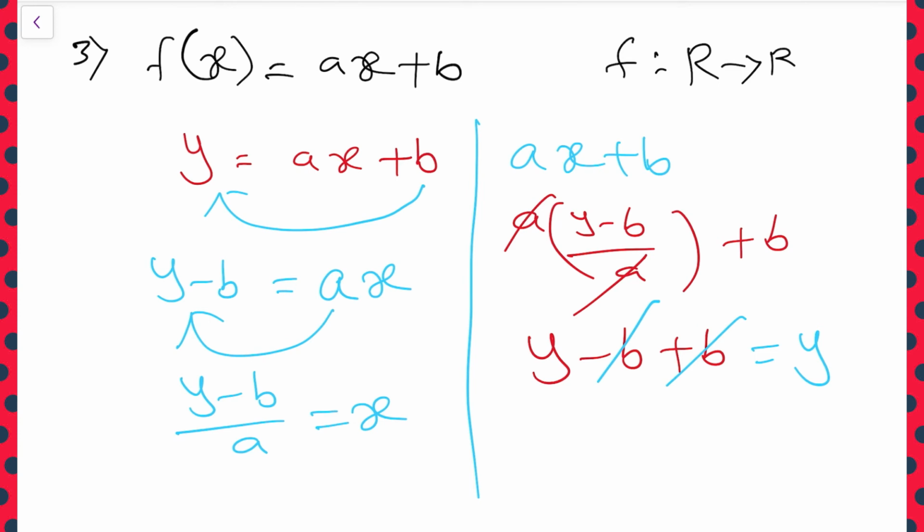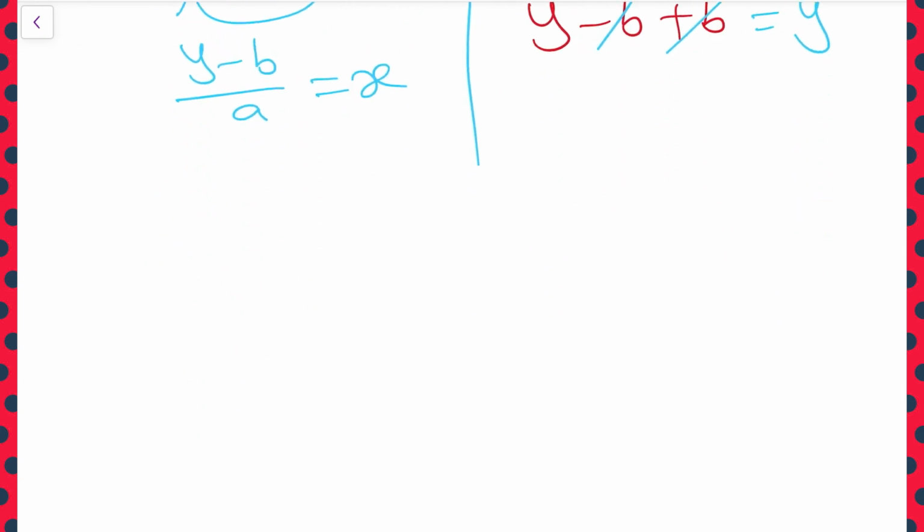It is onto function. Then how to say whether it is one-one or not? f of x is given as ax plus b. So let us assume that f of a1 is equal to f of a2. Simply in the place of x, substitute a1 as well as a2.